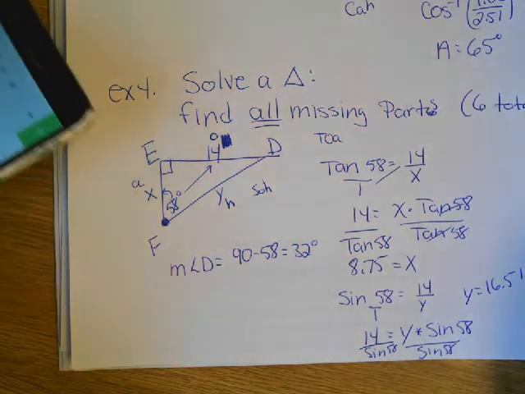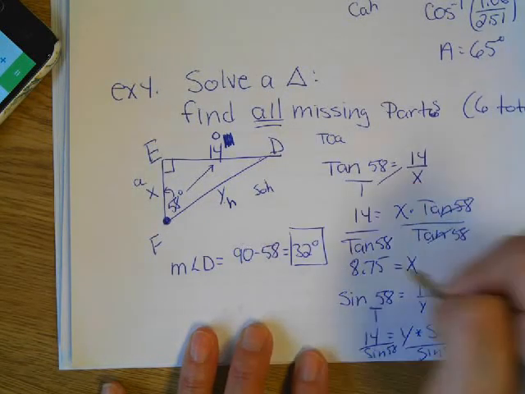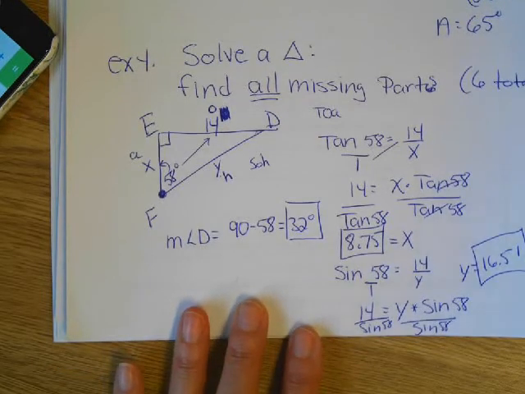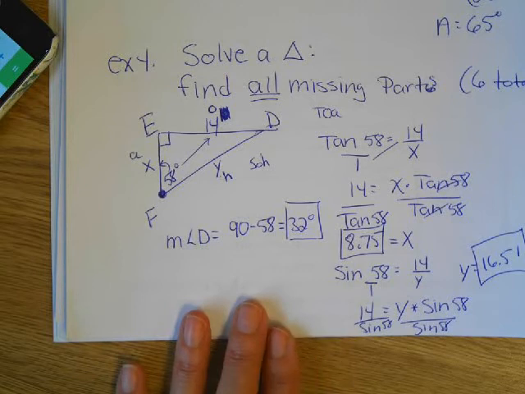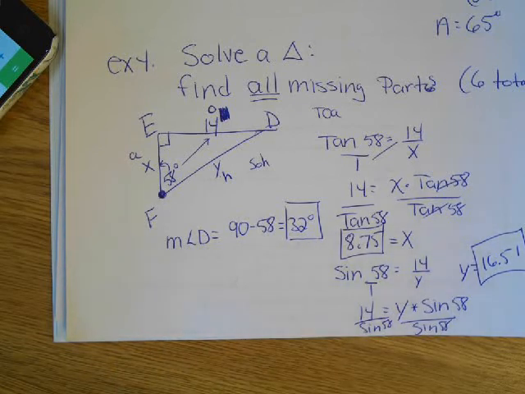So we have solved the triangle by finding the 3 missing parts. 1, 2, and 3. Let me see, is there anything else we need? I think we're going to be good. Okay, finishing that up.